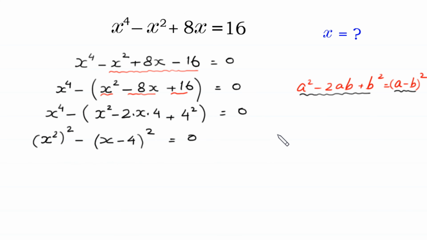So according to this algebraic identity, a squared minus b squared is equal to a plus b times a minus b.